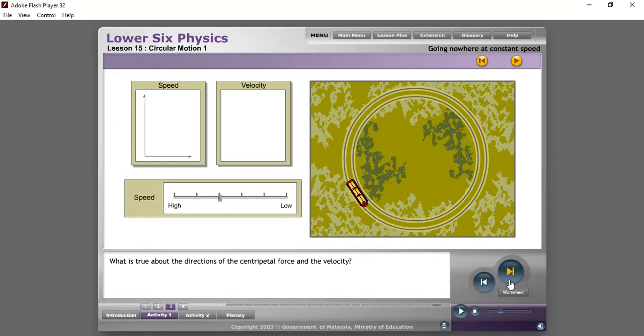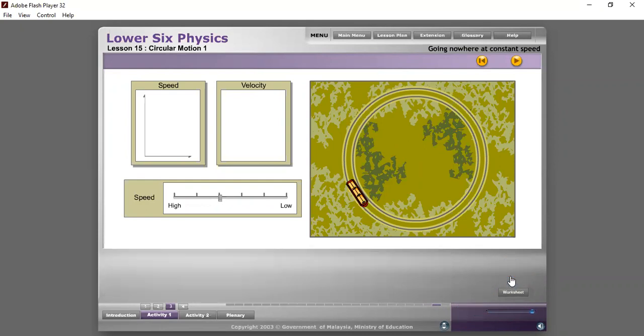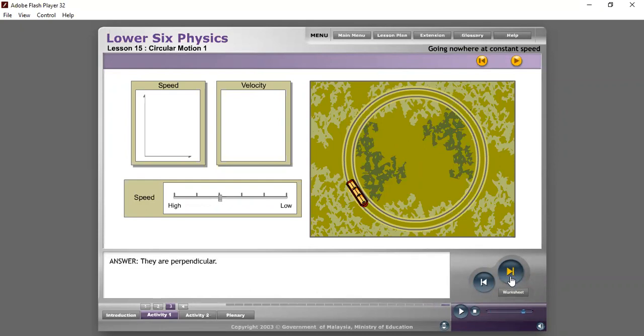What is true about the directions of the centripetal force and the velocity? Answer: they are perpendicular.